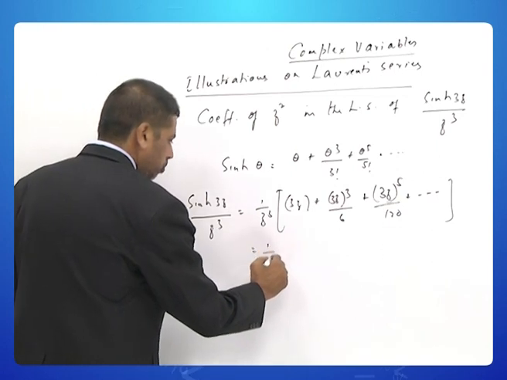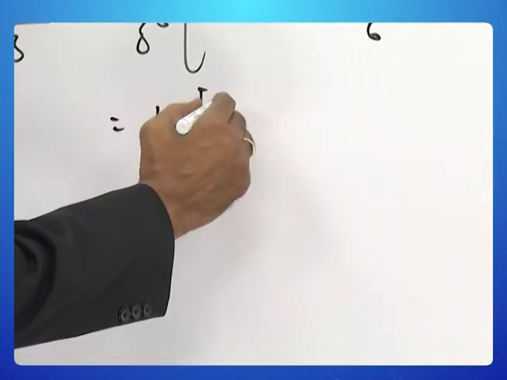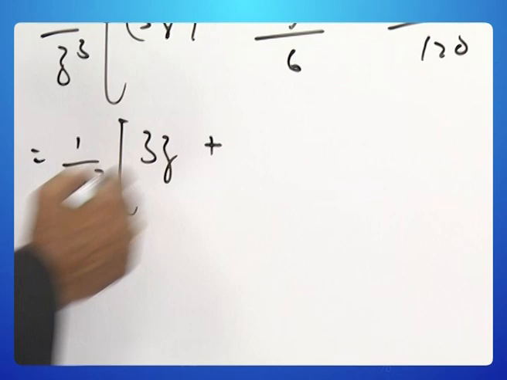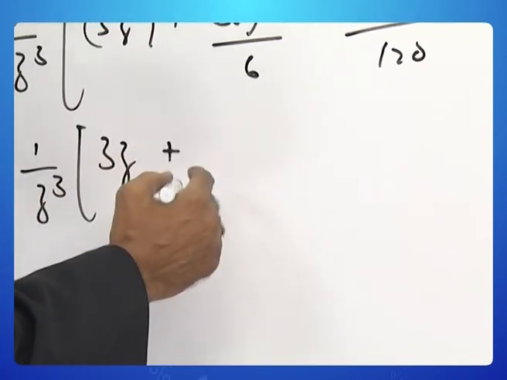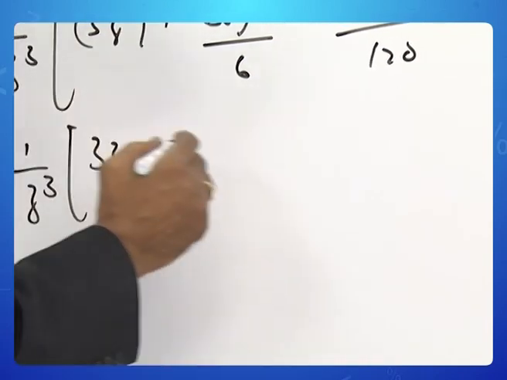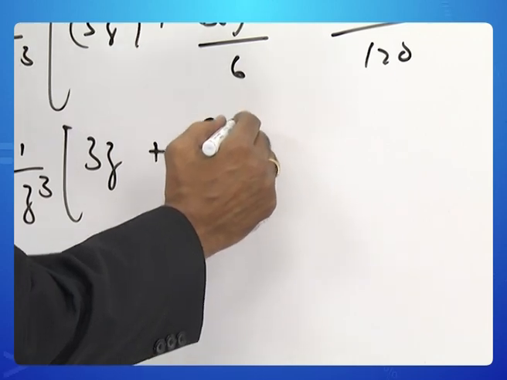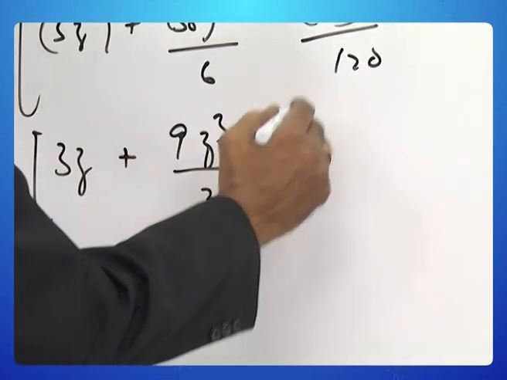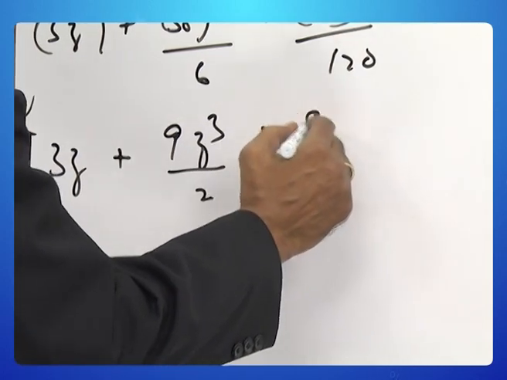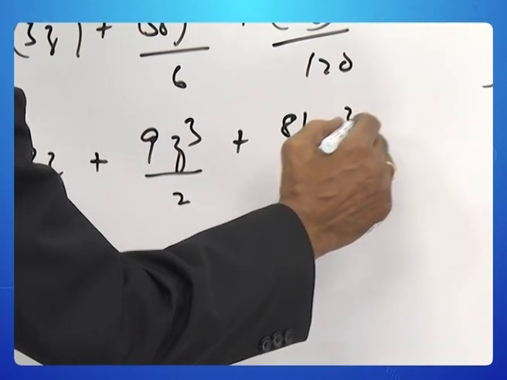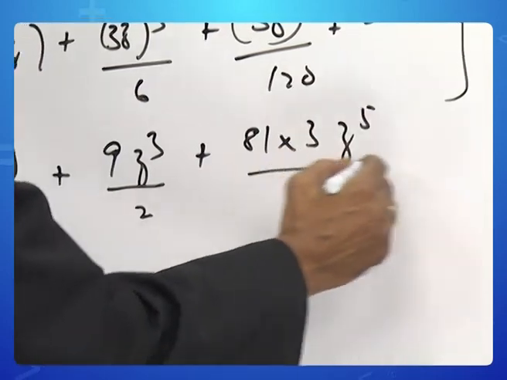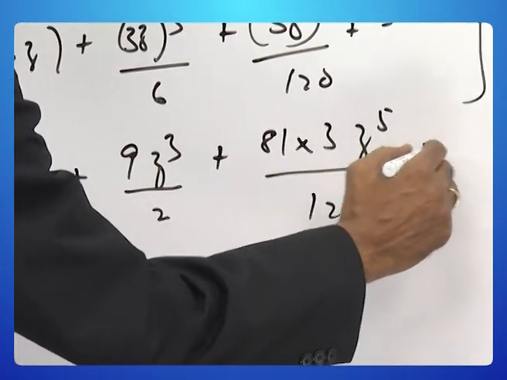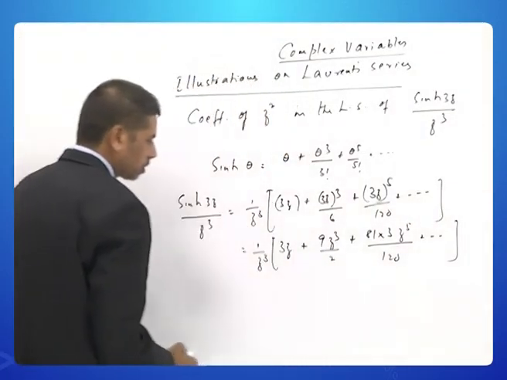So 1 by z cube into 3z plus 27 by 6, that becomes 9z cube by 2, plus 3 power 5 is 81 into 3, z to the power of 5 by 120 and so on.